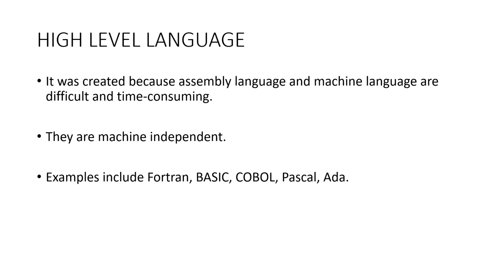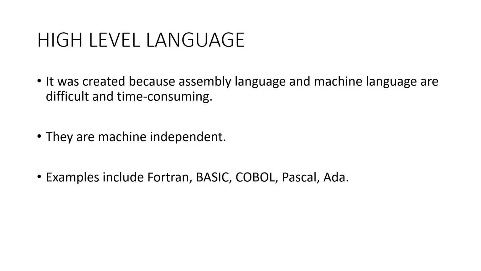Now let's move on to high level language. High level language was created because assembly language and machine language, the two low level languages, are difficult and time consuming. This is a little bit easier because it uses English words.